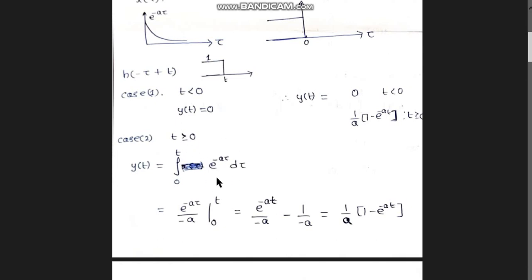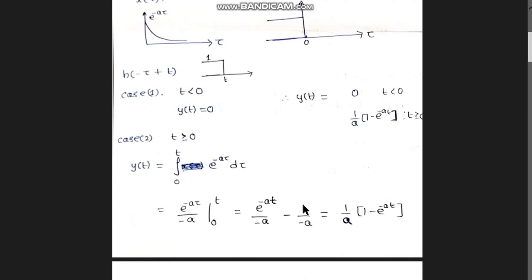When you integrate it, you get e power minus a tau divided by minus a, and we apply the limits 0 to t. Replacing tau by t, you get e power minus a t divided by minus a, minus the value at 0, which is minus 1 by minus a. Minus of minus 1 by a is plus 1 by a.